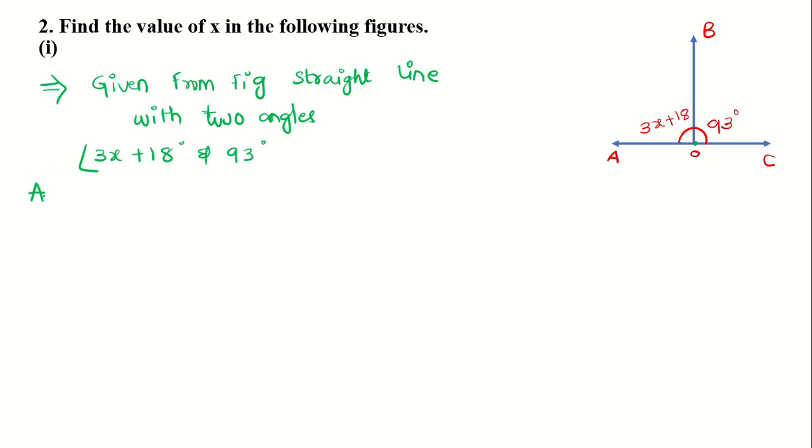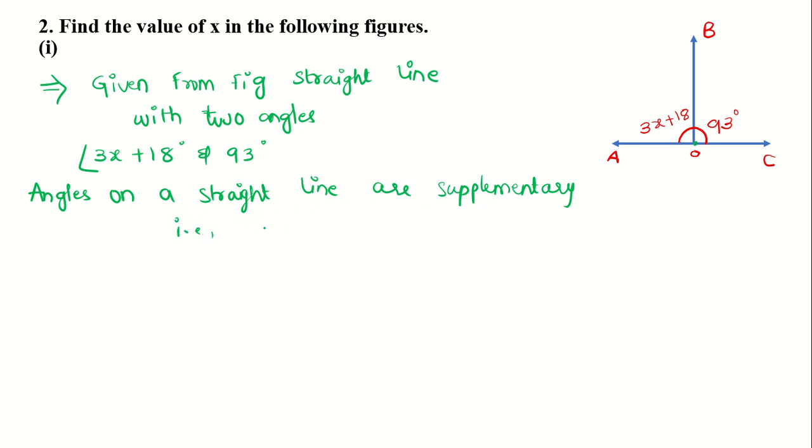Now, angles on a straight line are supplementary. What is supplementary? 180 degrees. Okay. So, here it is a straight line. Angles on a straight line are supplementary.